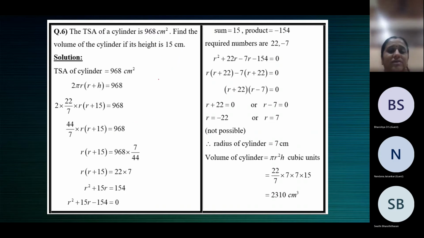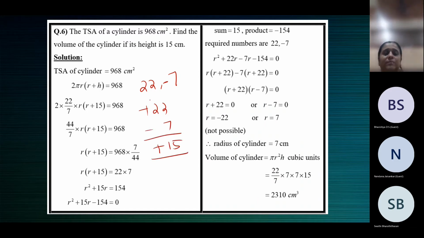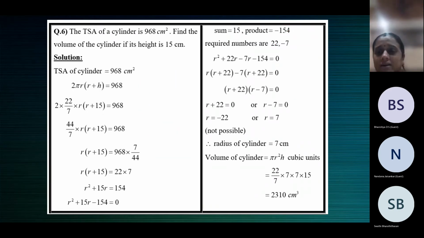Plus 22 and minus 7 will give you plus 15 as the sum. And when you multiply 22 and minus 7, you will get minus 154 as the product. So the required numbers are 22 and minus 7.